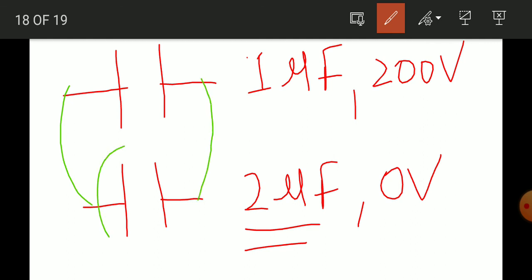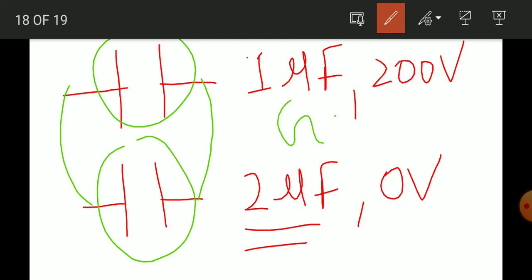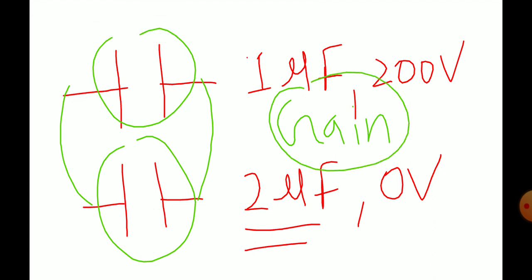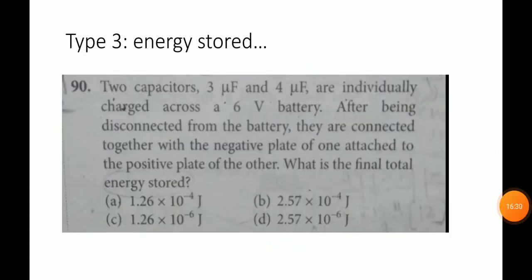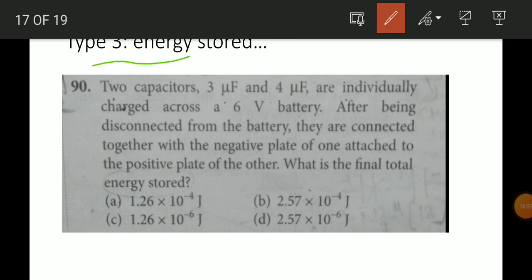This capacitor will gain energy, isn't it? And this capacitor will lose energy. So the previous numerical was regarding loss in the energy. Now this numerical is about gain in energy, not about loss. So let me go back to that numerical. Yes, this is about energy stored, meaning gain in energy.